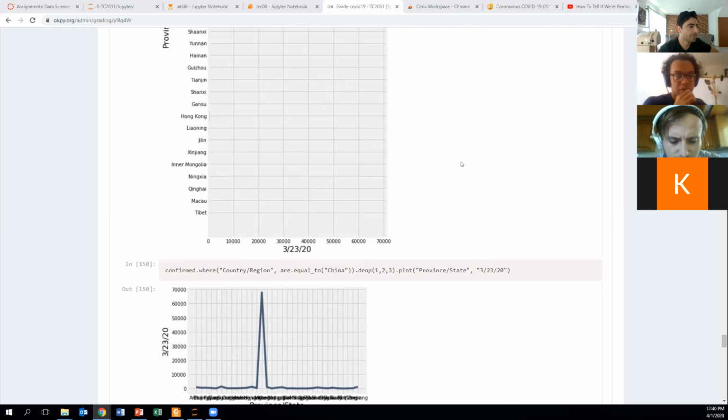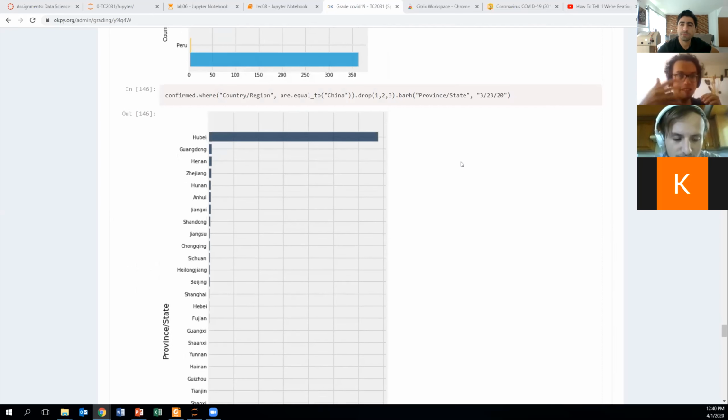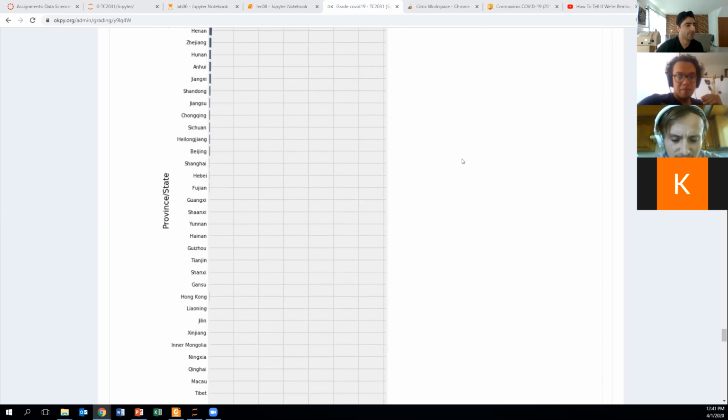I don't know if it's the healthcare system, or because of the quarantine that they did, a very early quarantine. They quarantined Hubei very early, so it basically stopped affecting other states too much.